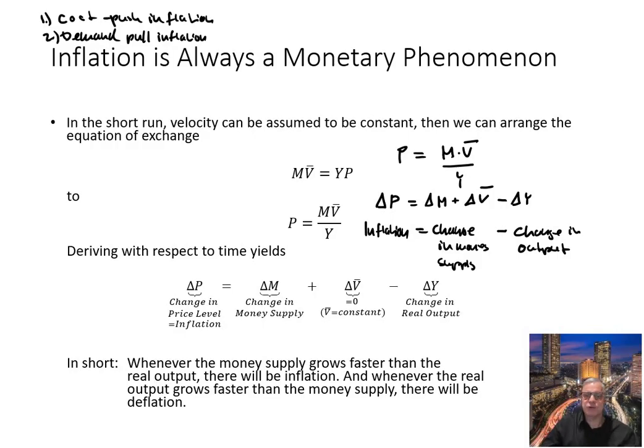But we don't have to go into all the details of money and banking, but fighting inflation requires the reduction in the money supply, and reducing the money supply always requires higher interest rates. That's why a lot of countries that have a lot of inflation also have a very high interest rate. Okay, but I hope it is clear what we mean whenever we say inflation is always a monetary phenomenon.